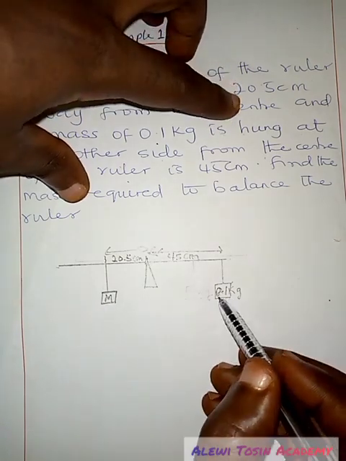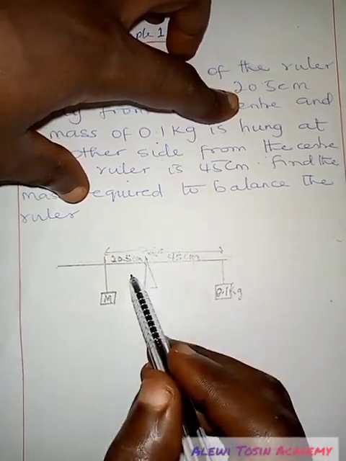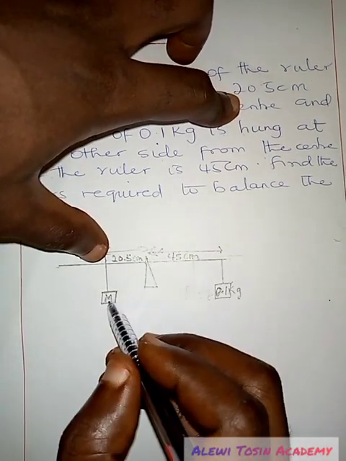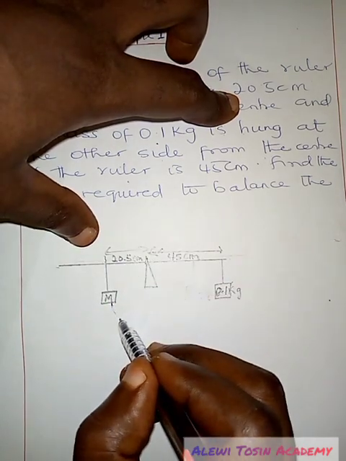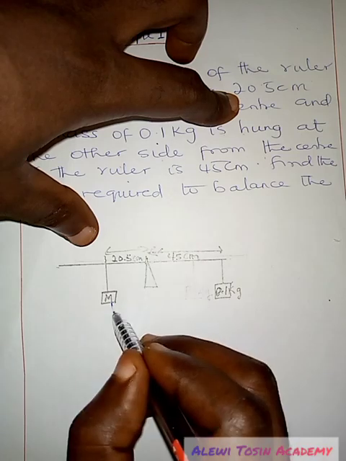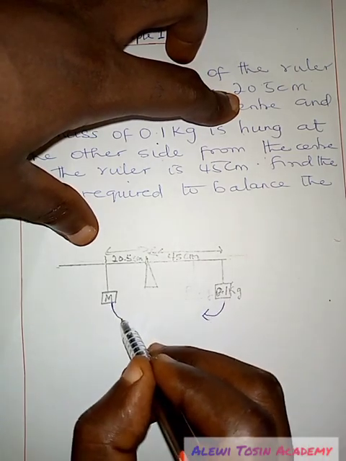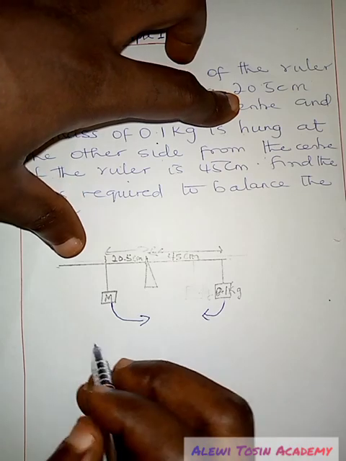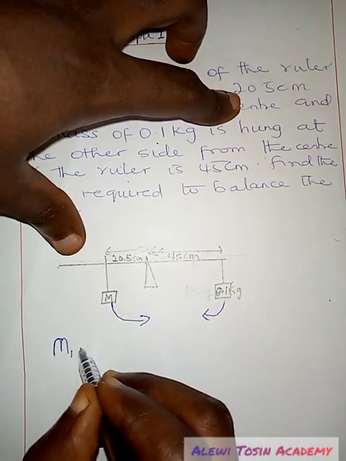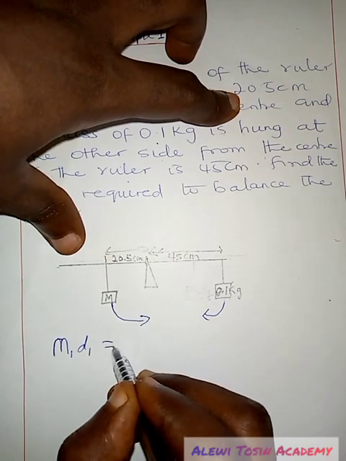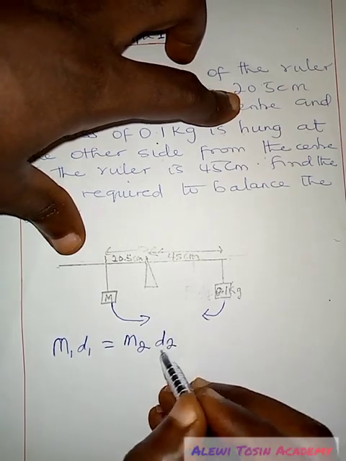Normally, for this to be balanced, the sum of clockwise moments must be equal to the sum of anti-clockwise moments. So we are saying that our M1 D1 must be equal to M2 D2.